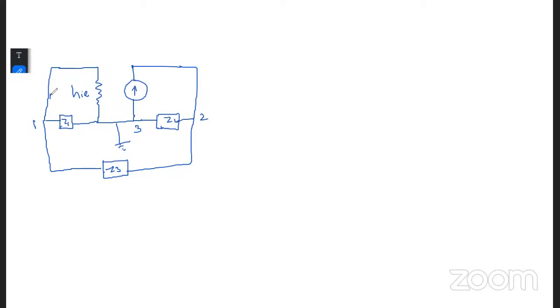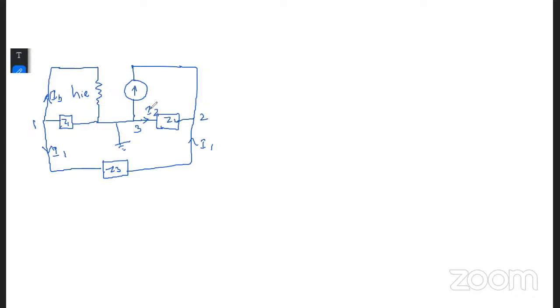The current flowing will be IB into this. The current is I1, which is flowing here, and here it will be I. So this is the equivalent circuit for the circuit diagram which we had drawn.